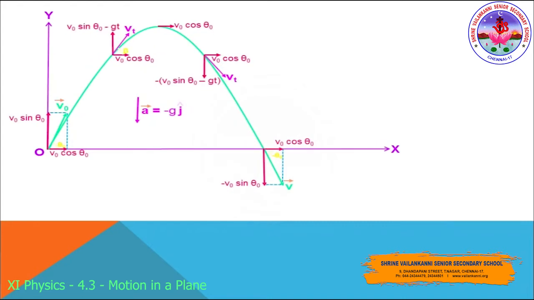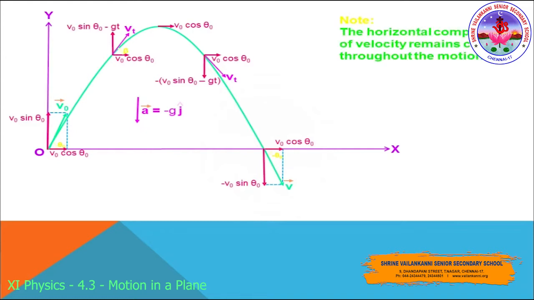Now with the help of this graphical representation, the trajectory of a projectile which is fired at an angle theta with the horizontal. What is the horizontal component of velocity?